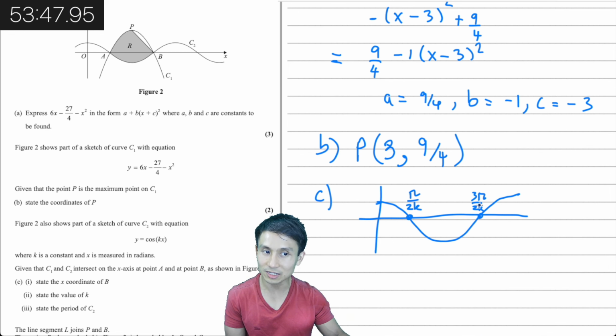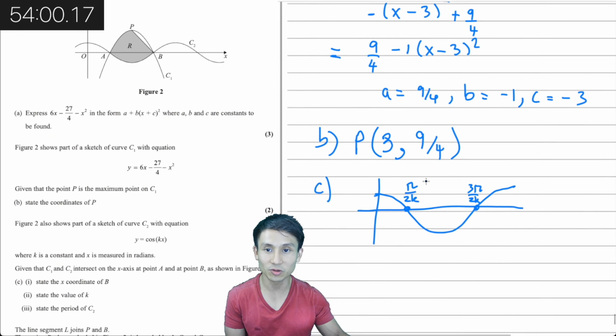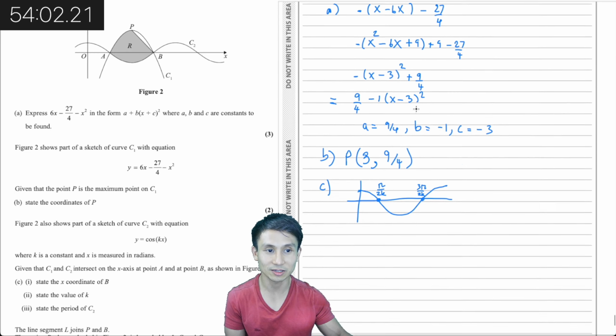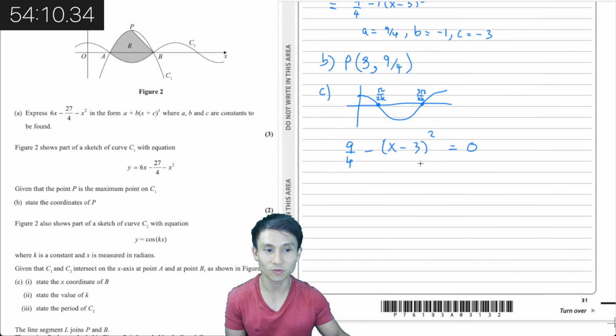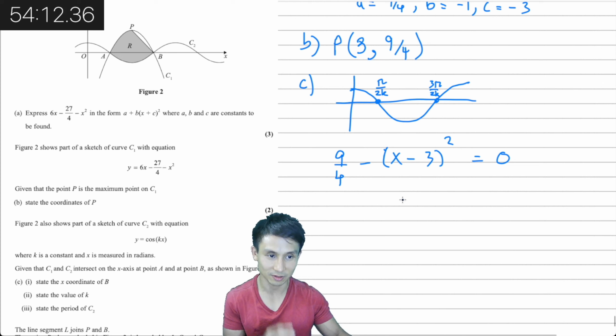Now, if we put these into the parabola equation, we're going to get the x-coordinate. Actually, we already know where the parabola cuts, because you can equate this to 0. So 9/4 minus (x minus 3) squared equals 0. Solve for that. I forgot to think about that, sorry.